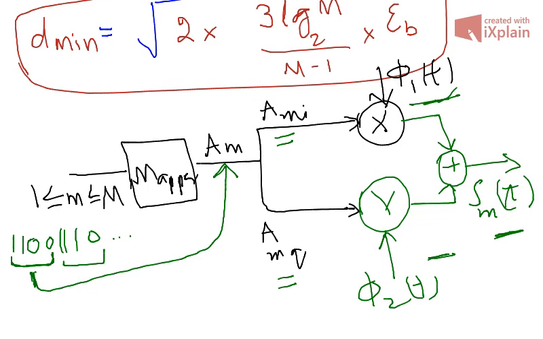So just go through the text and try to solve these equations by yourself. Write it yourself on paper, and hopefully we will see the simulation later on, how to simulate this QAM modulator.